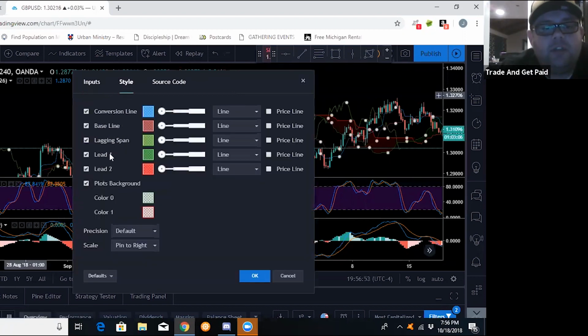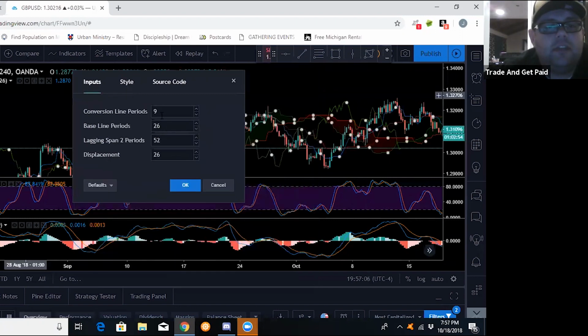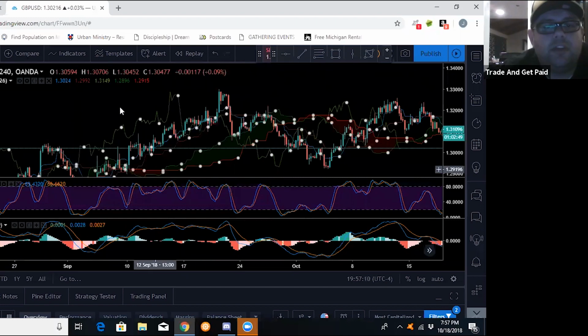You can see your lead lines, your lagging span, and adjust that based on the level of importance you want to see, and you can adjust to see your periods. It's a very cool indicator. Very complex. I wouldn't recommend this to the beginner trader, but it's a very cool indicator.